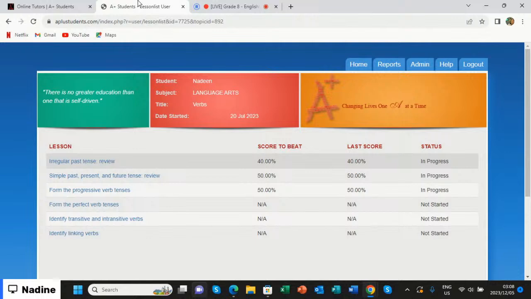All right, so our chapter is verbs. We're going to start with irregular past tense verbs.